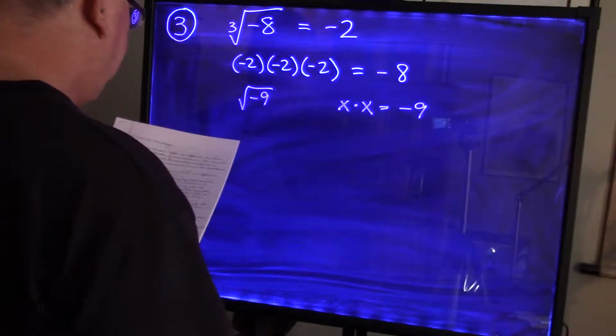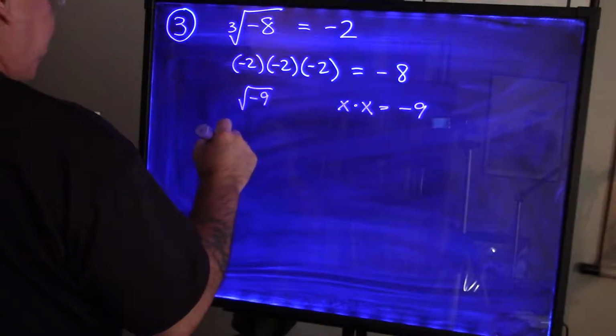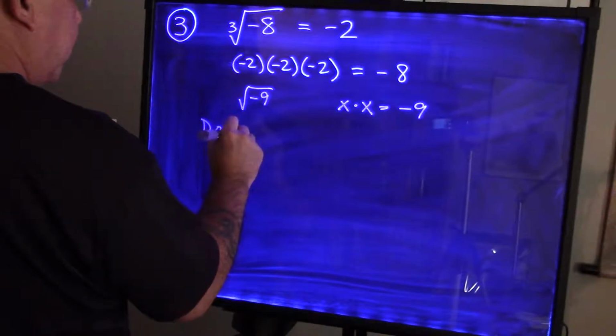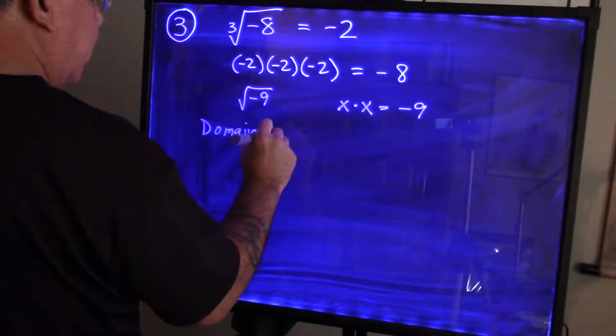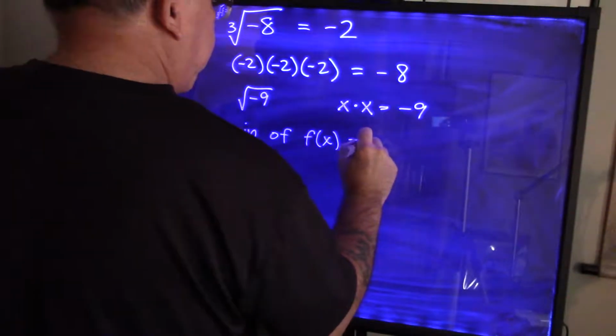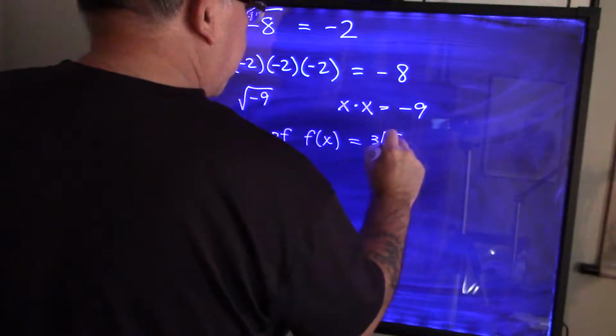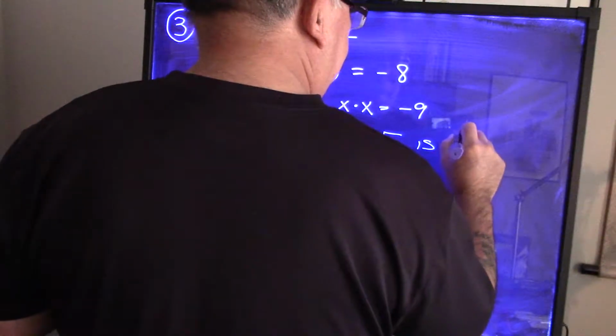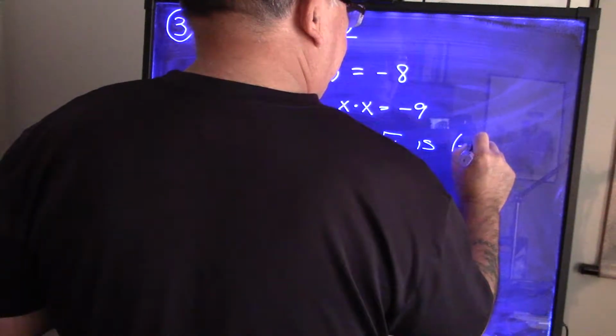Okay, so the domain of the cube root of x is the whole real number set, or negative infinity to infinity.